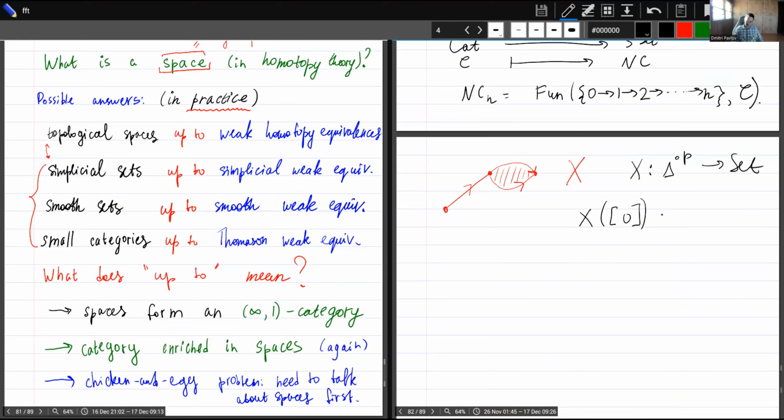So X of 0 will be the set of maps of simplicial sets from delta 0 to X. Delta 0 just denotes the representable sheaf, the traditional notation for the representable functor.